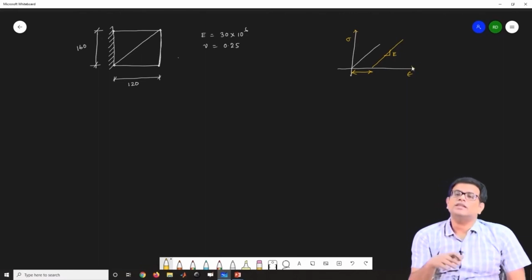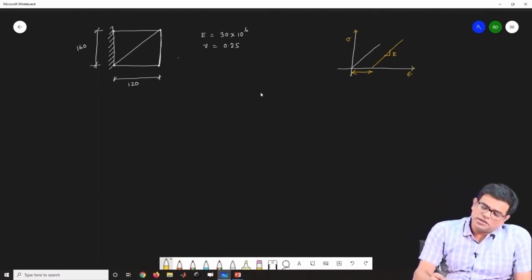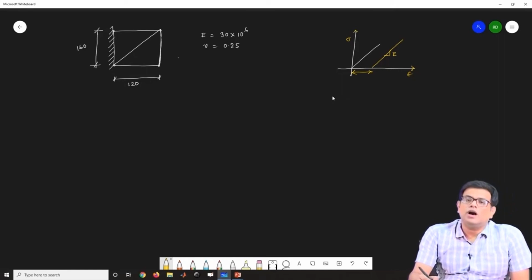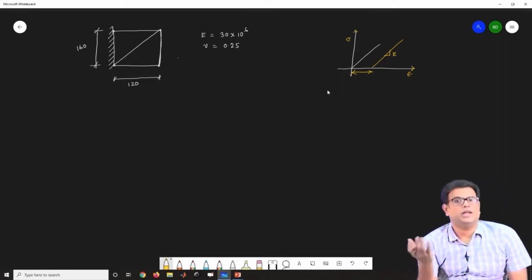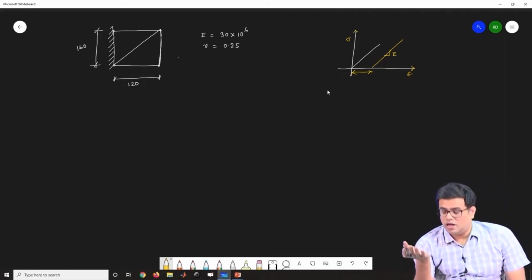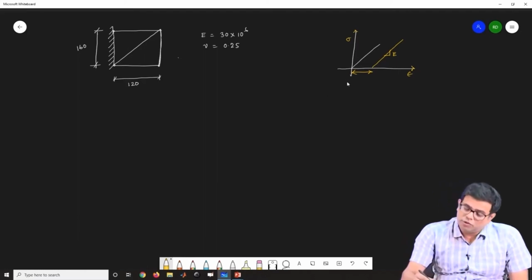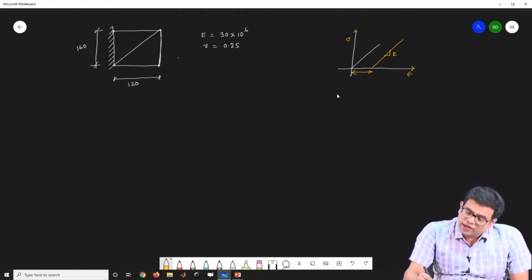Now, in case of a 2D problem, we know the strain energy density for the non-thermal problem, where the temperature change is not there. So, the stress strain relation changes now. In case of 2D and 3-dimensional elasticity, the strain will be your epsilon.